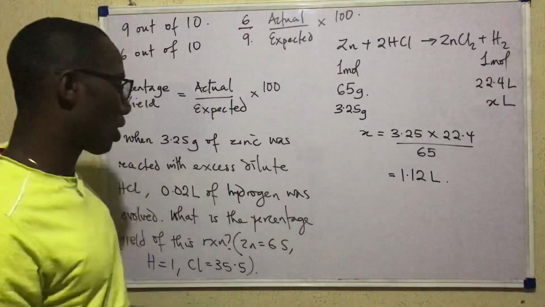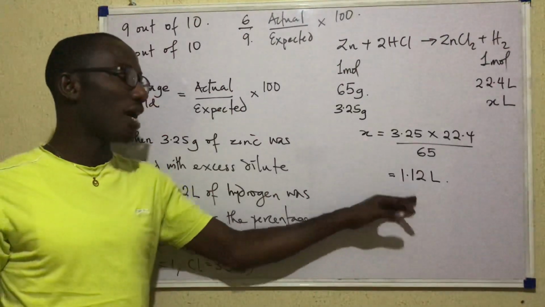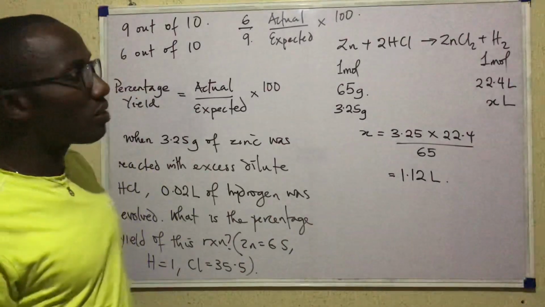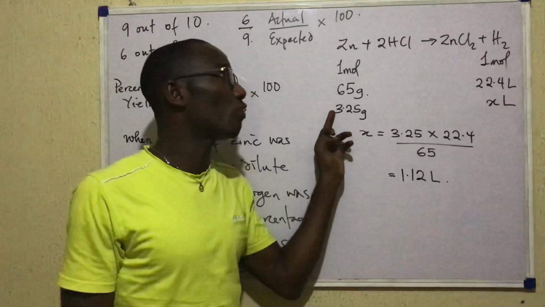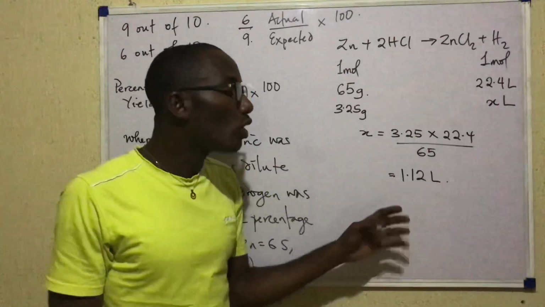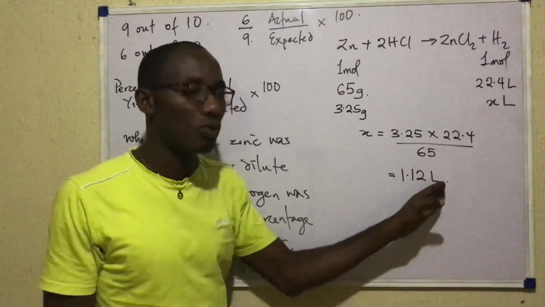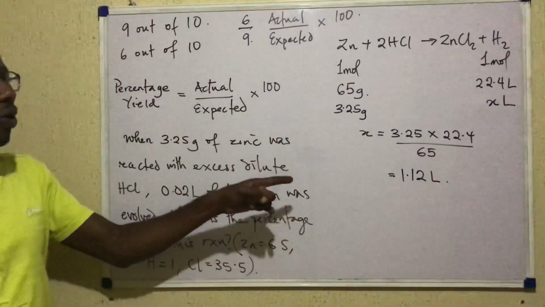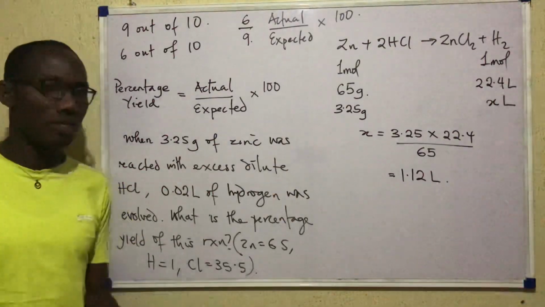So if you use your calculator, you are going to get 1.12 as your x. So it means therefore that with 3.25 grams of zinc, what we expect of hydrogen is 1.12 liters. So that is what we call the expected yield or theoretical yield or calculated yield.